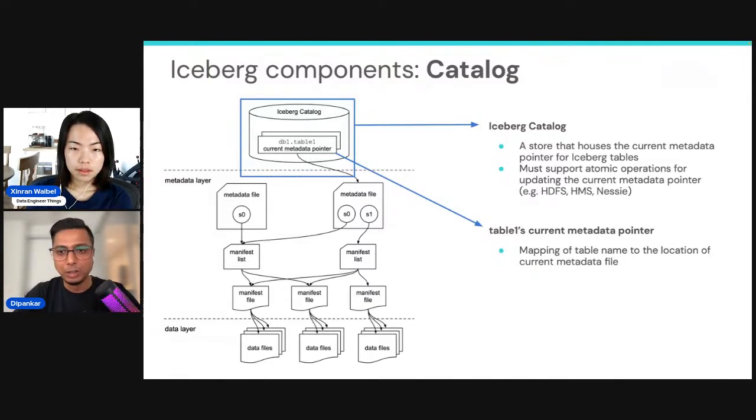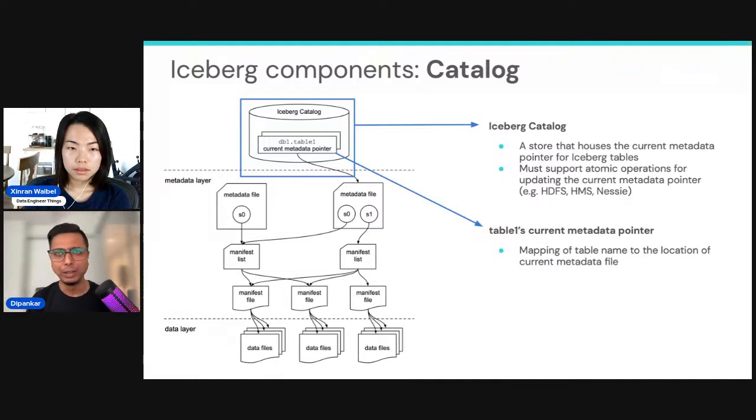The concept is you can store as much data in a data lake like S3, but you need some kind of locking mechanism for atomicity and consistency guarantees that we talked about, and the downsides that we saw with just having a data lake architecture. Most data lakes don't provide those guarantees, so the Iceberg catalog serves that purpose. It brings those atomicity and consistency guarantees to things like concurrent writes and reads. So it's super important to have a catalog in the Iceberg architecture.